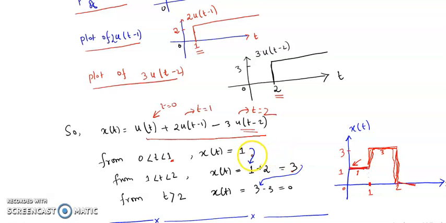So you can see here also this value 1. You can just add the first component with the next new component here 2, and here 3 was there, so 3 minus 3. The first component was 1. Next we are getting 1 plus 2 is 3 for t from 1 to 2, and then the new component in the third part, so we have subtracted this 3 from the previous component.